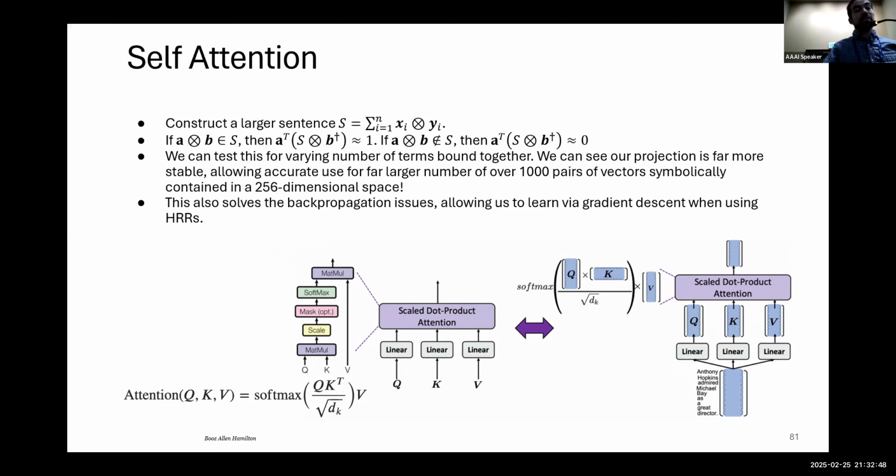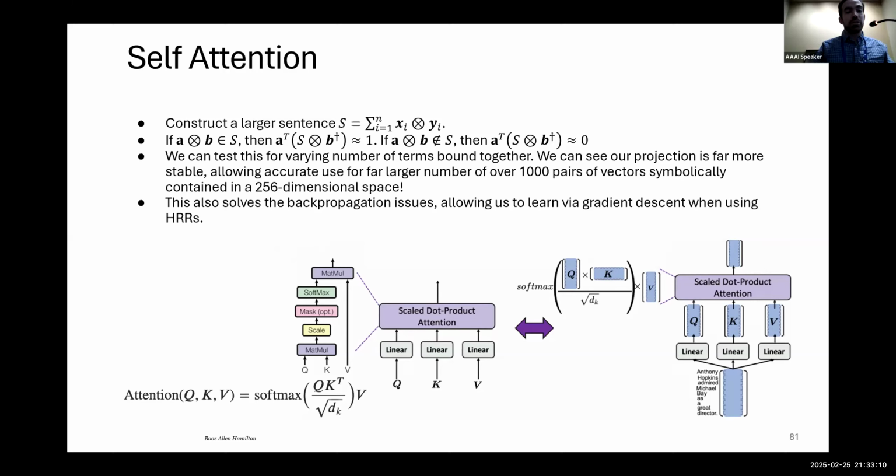Let's be weird again. Let's say you're interested in self-attention and LLMs because self-attention is all the rage right now. Can we recast the logical explanation of how self-attention works using HRRs and then get better results or get some benefit? And the answer so far is yes.